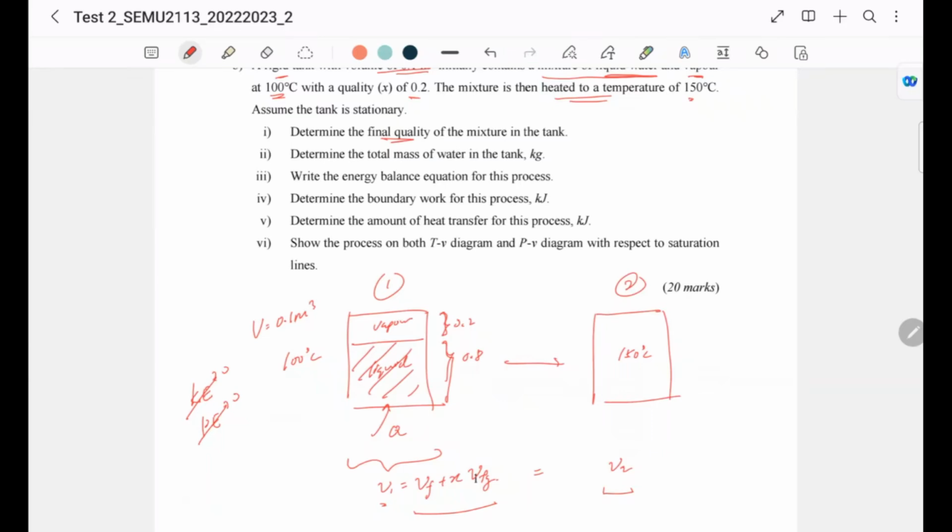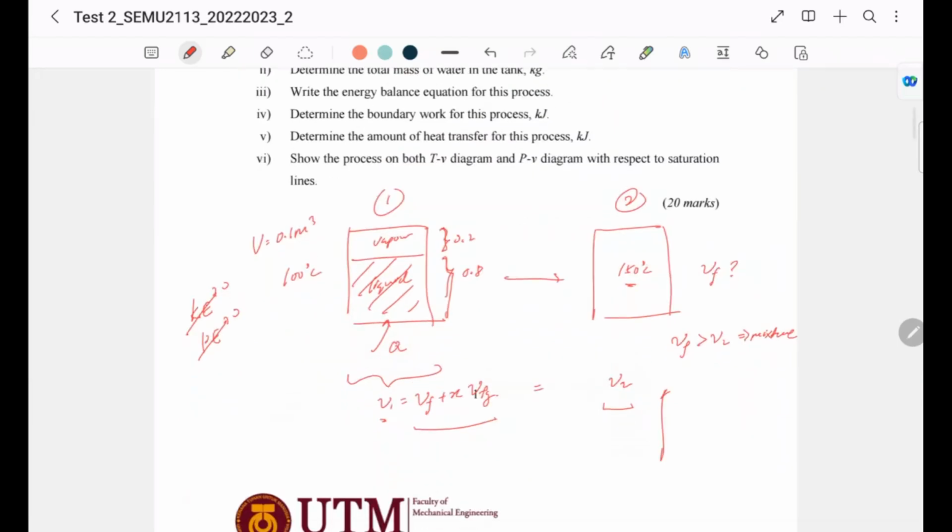Then it's a matter of at 150 degrees Celsius, how much is vg? If vg is larger than v2, then we're talking about a mixture, right?